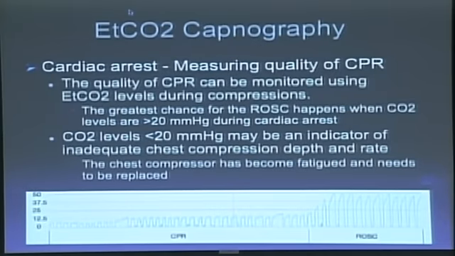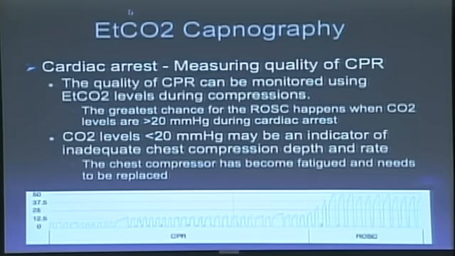In cardiac arrest, doing capnography can measure the quality of CPR. CPR can be monitored using ET CO2 levels during compression. It appears that the greatest chance for you to get ROSC happens when your CO2 levels are greater than 20 millimeters mercury during that cardiac arrest.